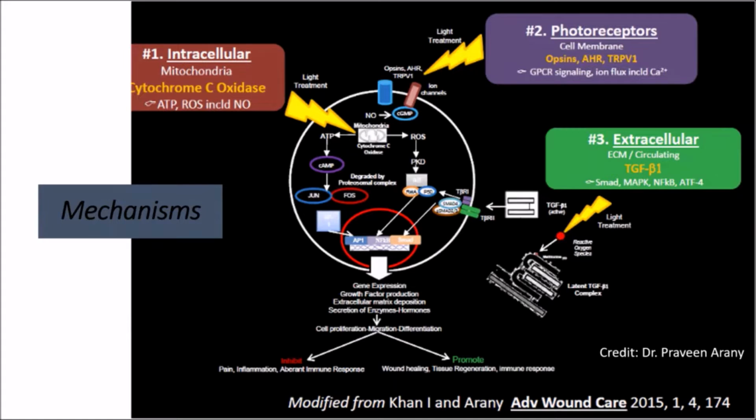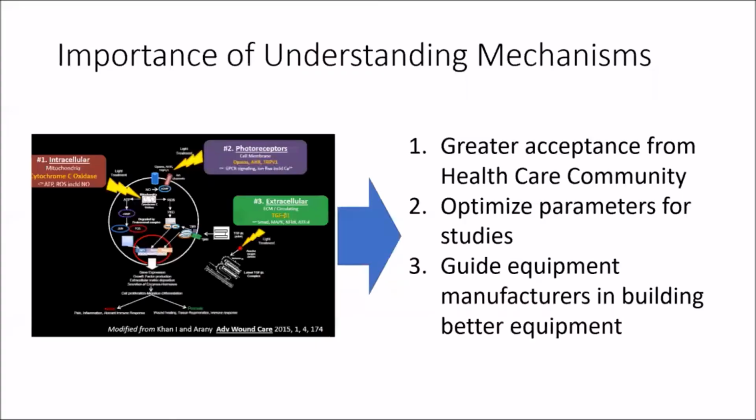There are also photoreceptors in the cell membrane so that we can have an influence on the exchange of ions across the cell membrane and thereby improving cellular health. There are extracellular effects in photobiomodulation treatments also. As we gain more knowledge of these mechanisms, it is important for three main reasons.